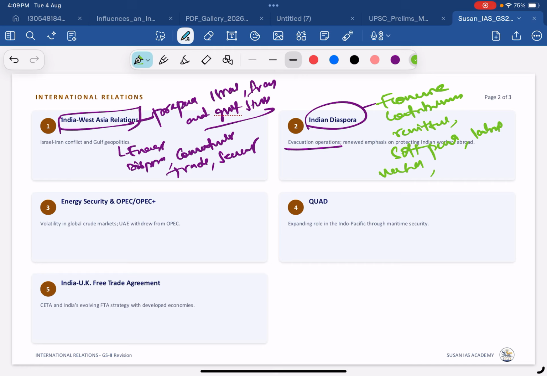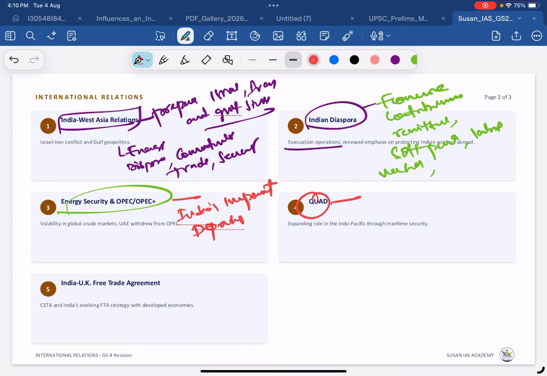So cover these dimensions in India's diaspora. Okay, and energy security and OPEC: prepare India's import dependency, crude oil price vulnerability, strategic petroleum reserve, diversification, and energy transition.